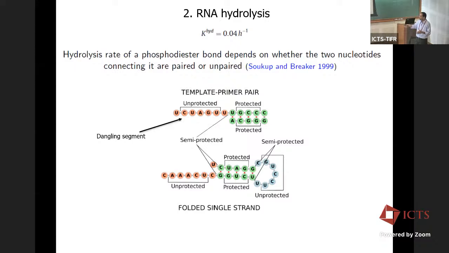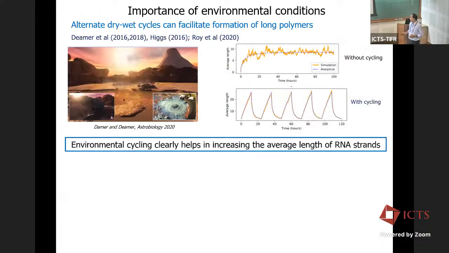And so there has to be a mechanism by which we can still produce long polymers which are functional despite the fact that they can be broken up. So that requires the rate of hydrolysis to be small compared to the rate at which polymers are increasing in length.